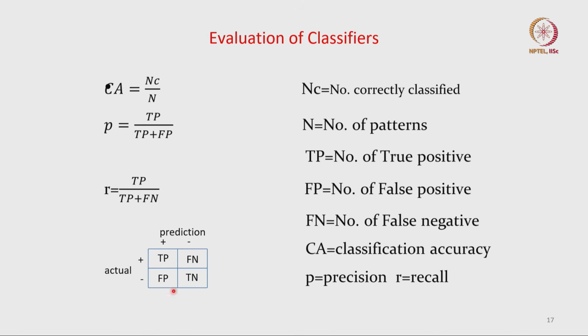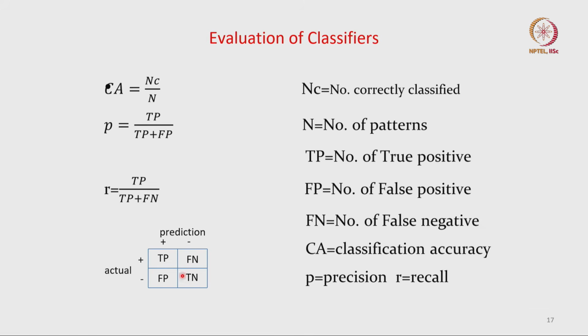And here we have the actual pattern and the predicted pattern. So, in the case of a two class problem, say plus and minus, you can have a pattern whose actual class label is plus and the predicted class label is plus, or whose actual class label is plus but predicted as minus, or it can be minus and predicted as plus, or it can be minus and predicted as minus.